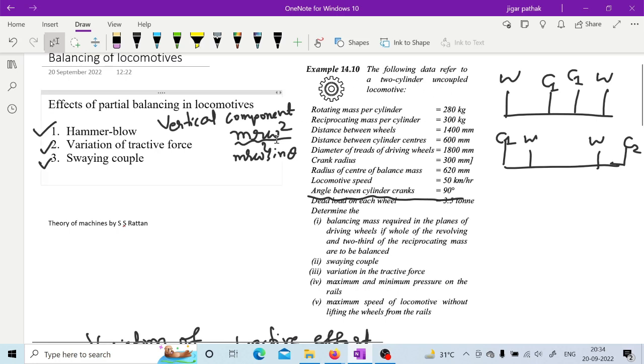Rotating mass per cylinder and reciprocating mass per cylinder are given, then distance between wheels, distance between cylinder centers, tread diameter of the driving wheel, crank radius, radius of center of balance mass, locomotive speed, angle between cylinder cranks, and dead load at each wheel are given. What you have to determine is the balancing mass required in the plane of driving wheels if the whole of the revolving and 2/3 of the reciprocating mass are to be balanced. That you have recently done, right?